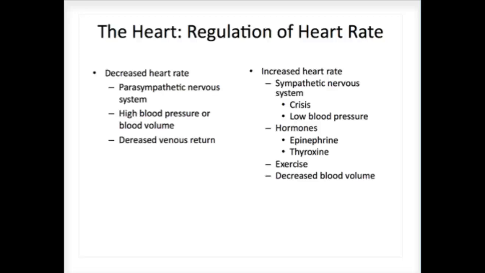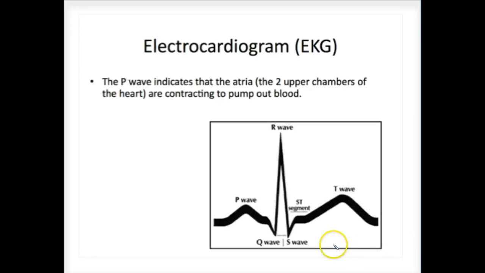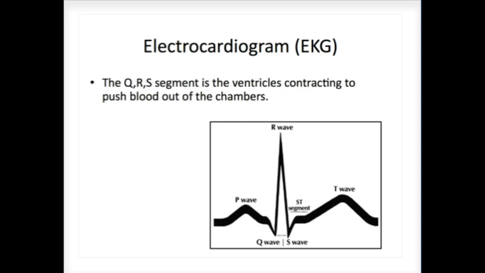Now, getting back to our autorhythmic idea, we already talked a little bit about this. We talked about the electrocardiogram, or the QRS wave. Keep in mind what's going on in terms of activity with contraction and relaxation with each wave. So we see different points where we have systole and diastole.